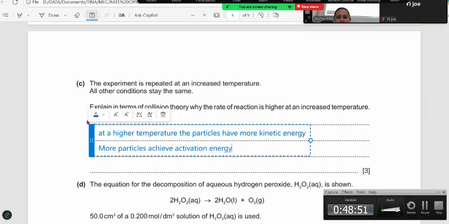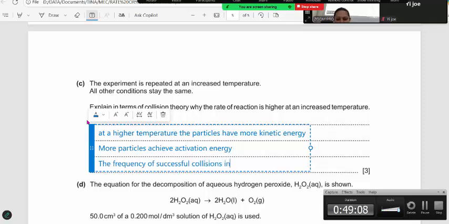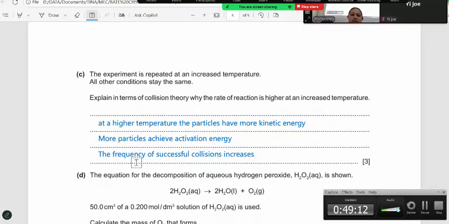And what's the last one? The frequency of effective or successful collisions increases. So this is a 3-mark question. This is how you answer.